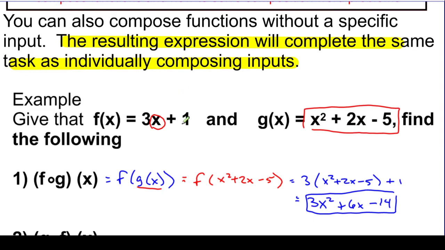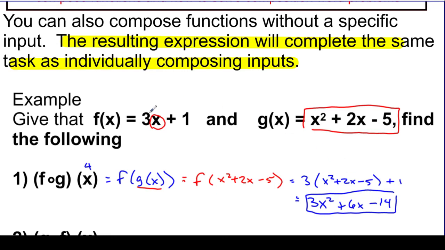What that means is if I did it the old-fashioned way, like plugging in a 4 and doing f of g of 4, going to g and plugging in a 4, getting a number, then going over to f and plugging in that number to get my final answer, let's say it was 20, whatever comes out of this problem, then what I'm claiming is that if I went down to this answer and plugged in the 4 there, I'm going to get the exact same 20 back.